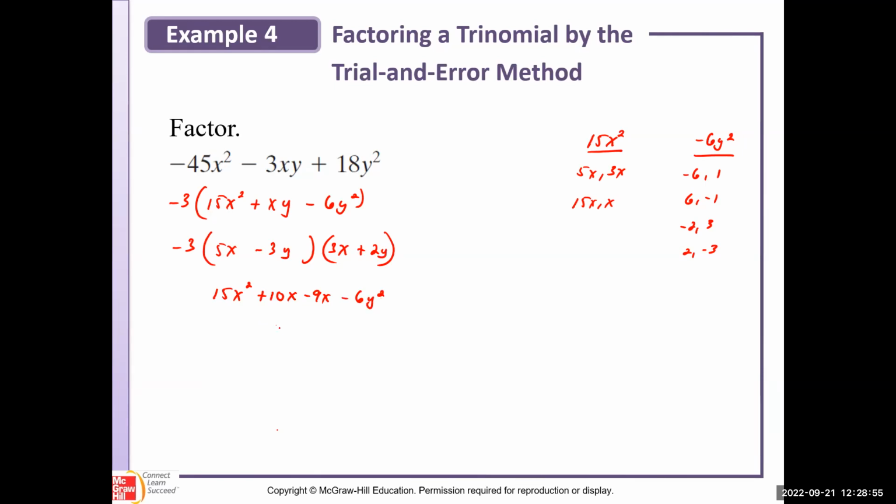And so this is going to give me my xy that I needed. Let me backtrack here. So it's going to be 15x squared plus 10xy minus 9xy minus 6y squared.